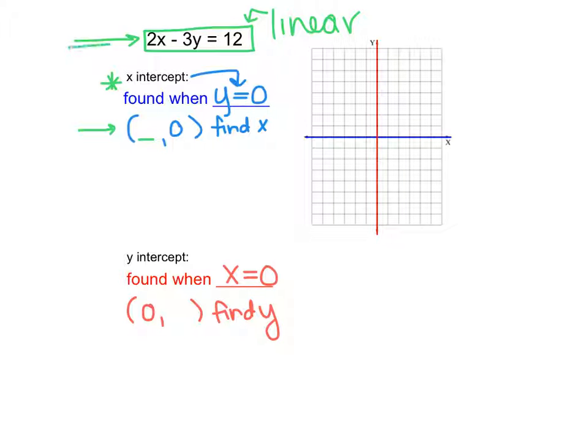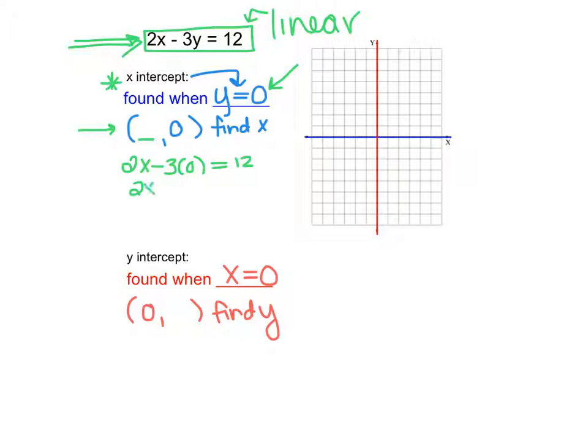So we're going to take this original equation here, and since we know that at the x-intercept point y is 0, we're going to plug that in for y. So we have 2x minus 3 times 0 is equal to 12. And then we're going to solve this equation for x.